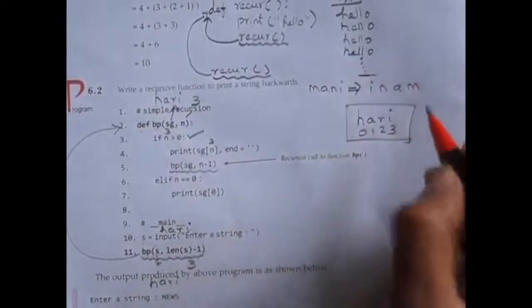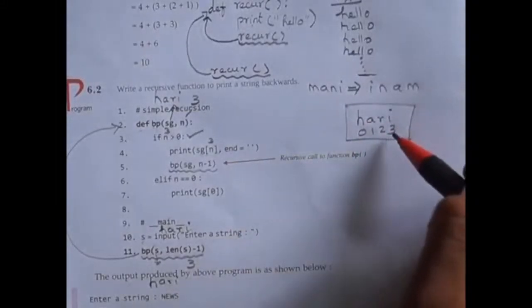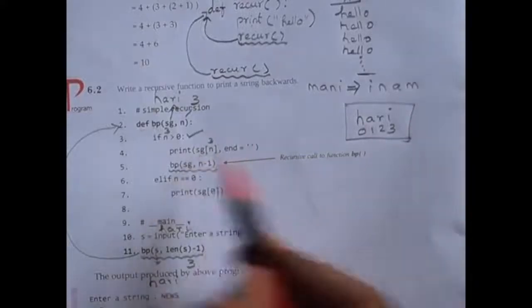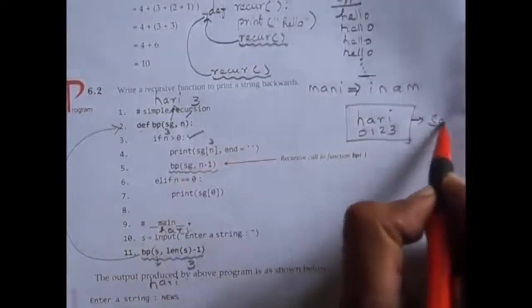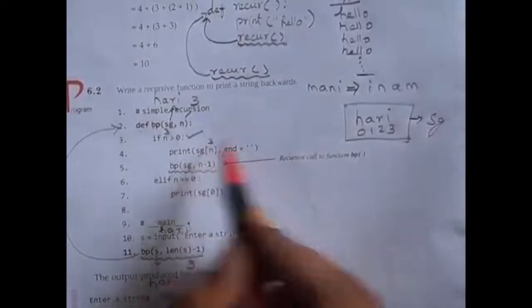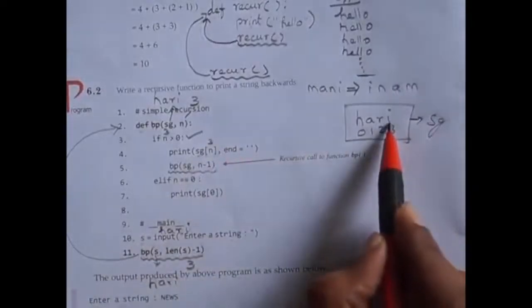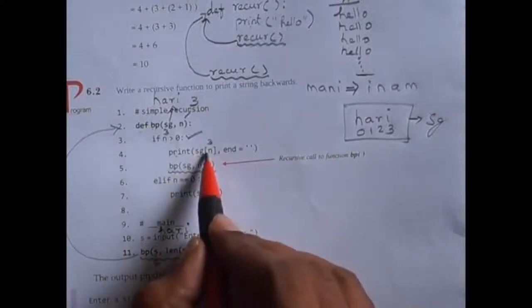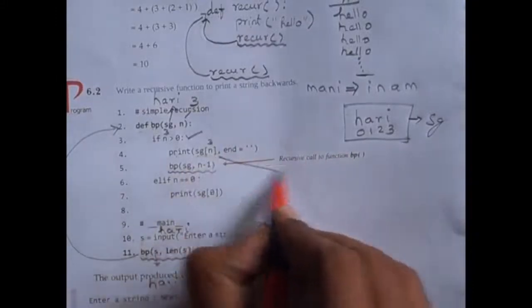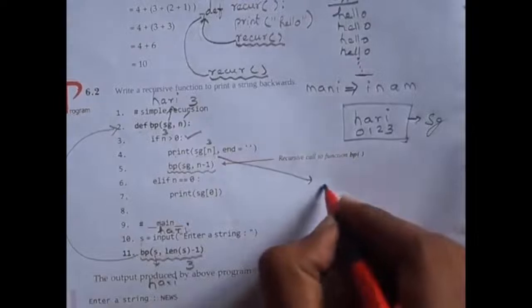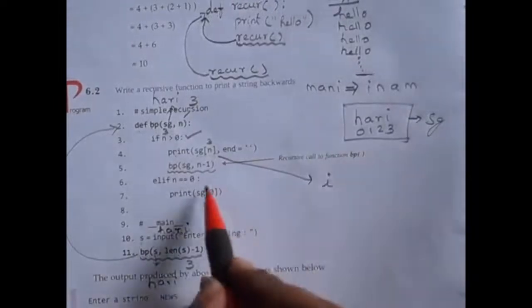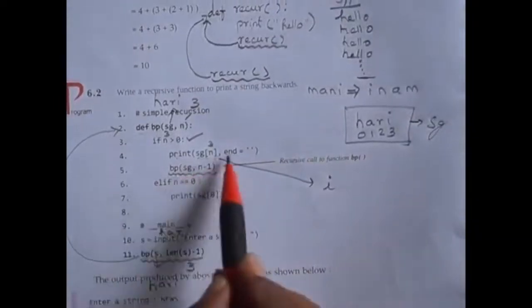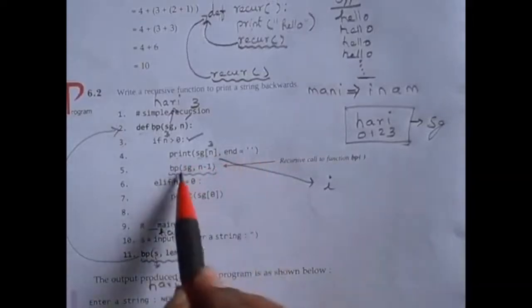These are the index values. So SG array of 3 means the value is I. So print I. Because of this statement it will print I. This statement is finished.